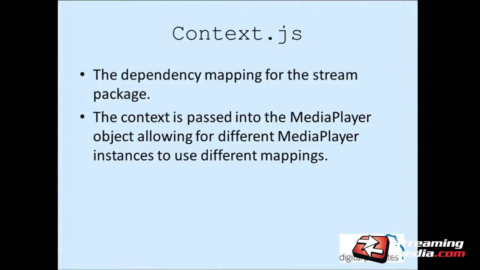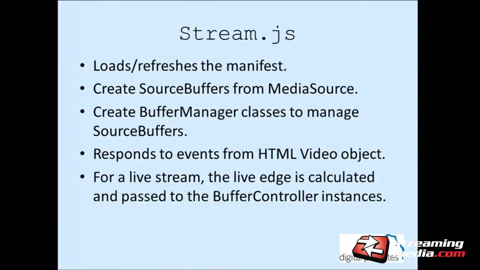We're using dependency injection, so our context classes set up our dependencies for us, so our context.js does all of our mapping so we know which classes get used and when. Our stream.js class is responsible for loading and refreshing the manifest, creating a series of buffers, of managers, the buffer manager, and listening for events from the HTML video object itself.